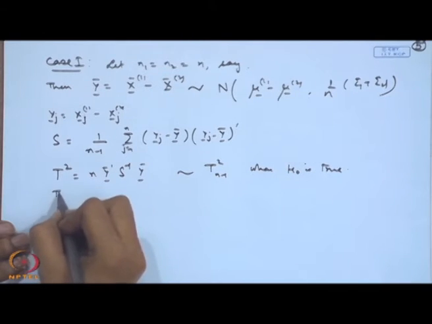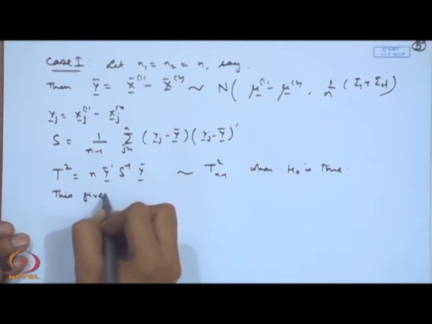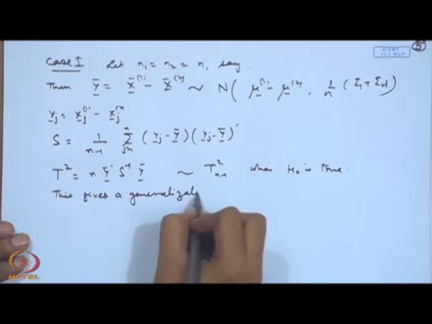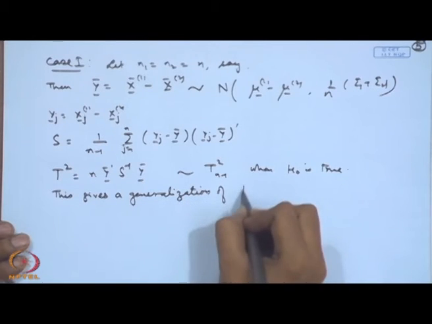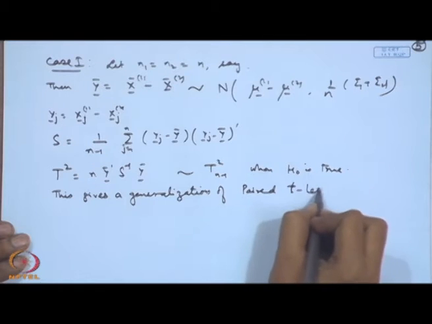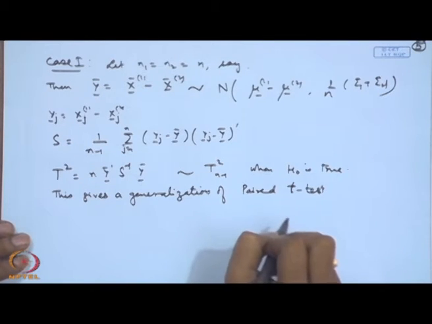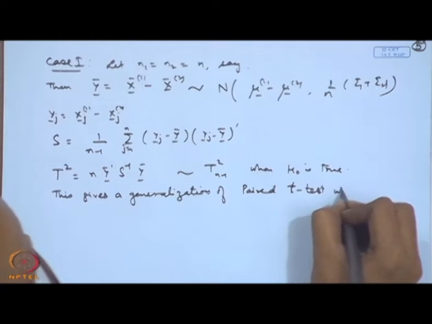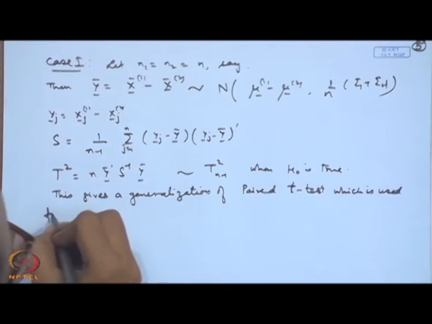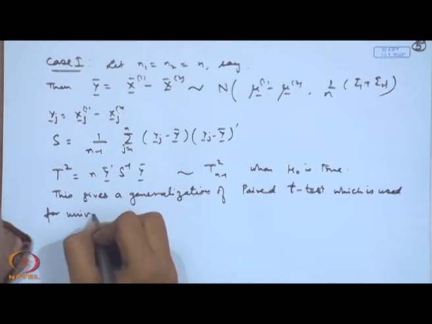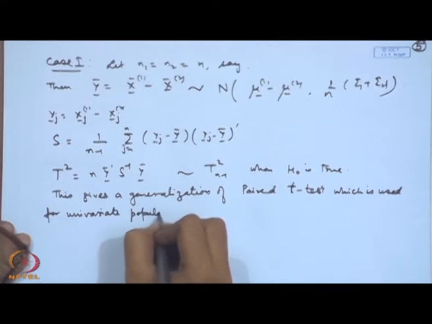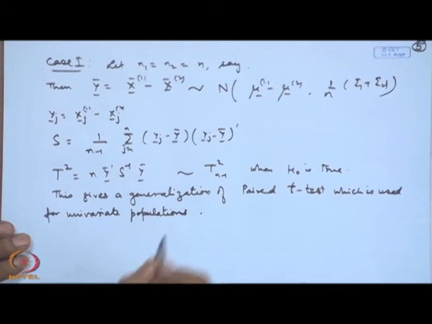So, this gives a generalization of the paired t test that we defined in the case of univariate populations.